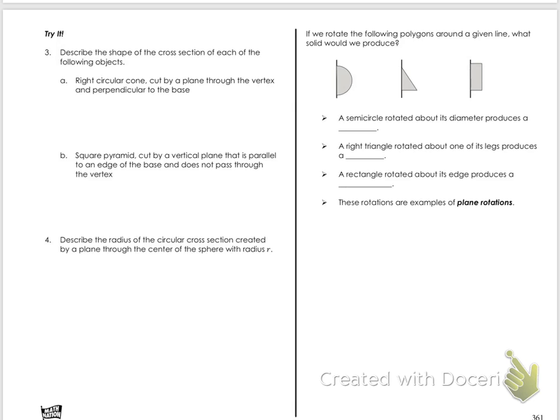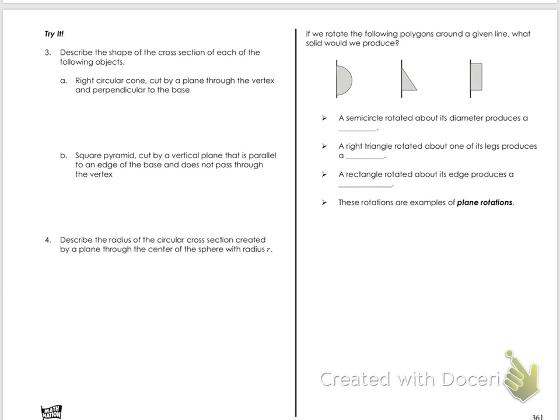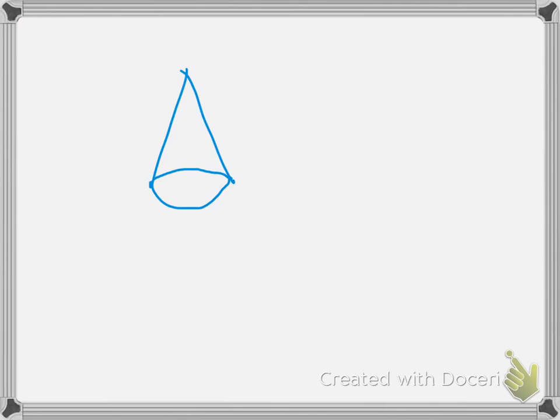So you guys are going to see my terrible drawing abilities, and drawing on the iPad is even harder. So we've got a right circular cone that looks like that. We are cutting this with a plane that is through the vertex and perpendicular to the base.